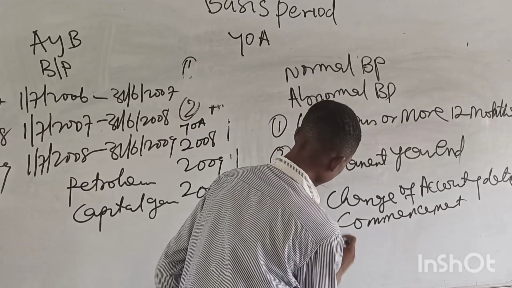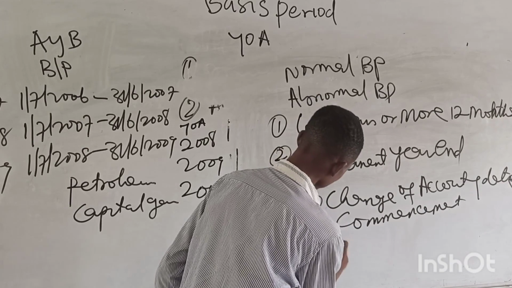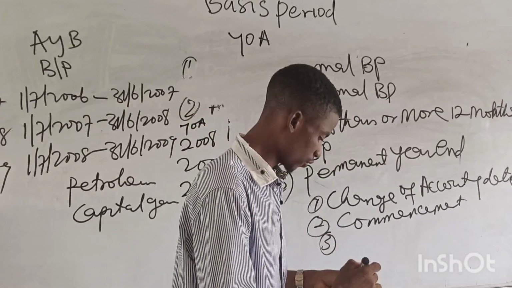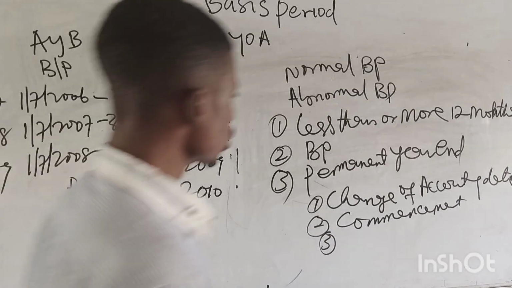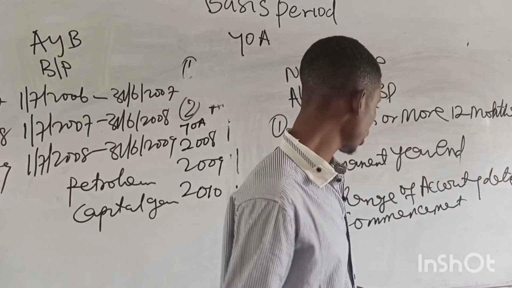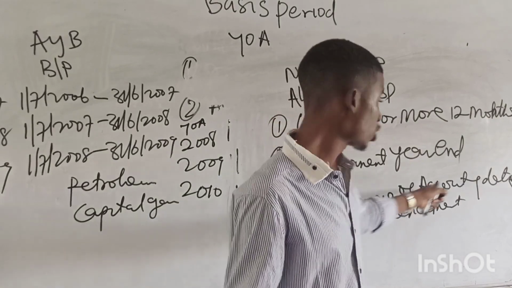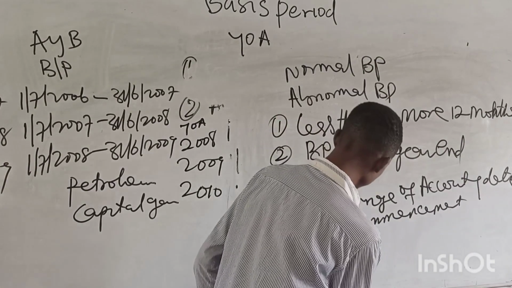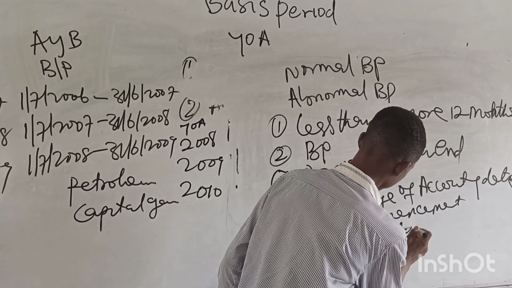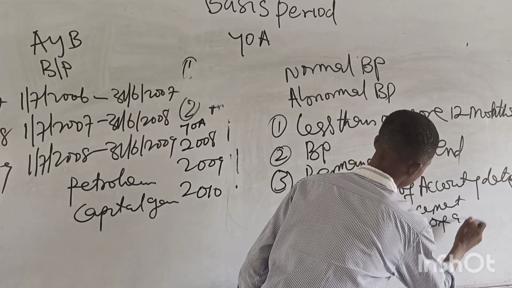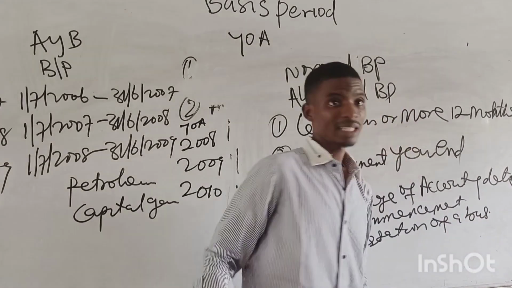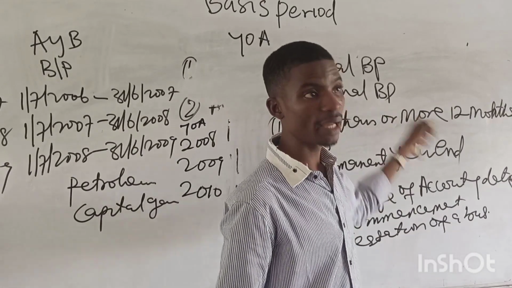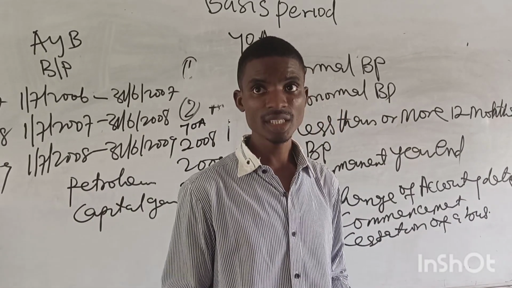And number 3 is during cessation of a business. So abnormal basis periods are usually experienced, as I said, during change of accounting date, during commencement, and thirdly during cessation of a business. Those are the only occasions whereby you will experience abnormal basis period.